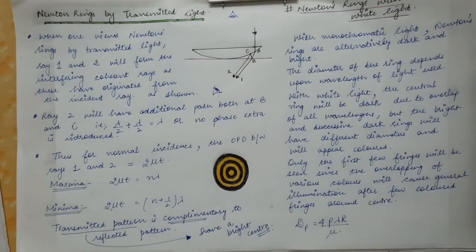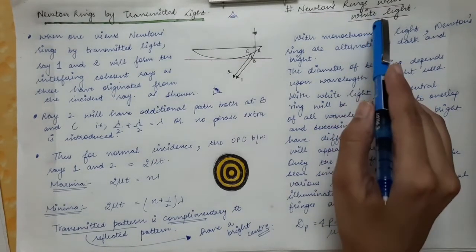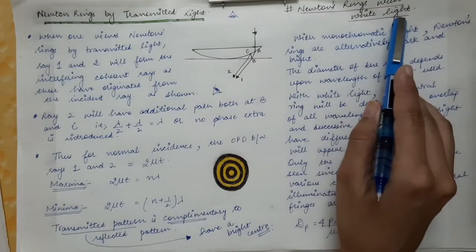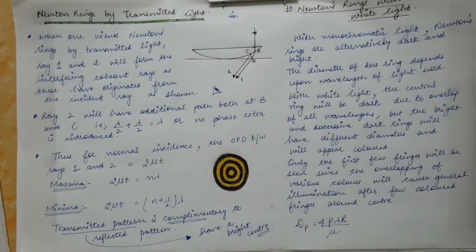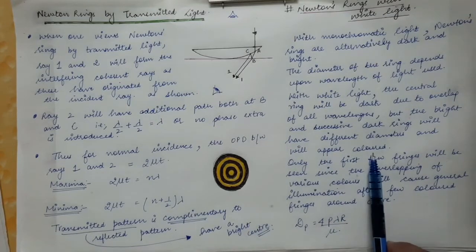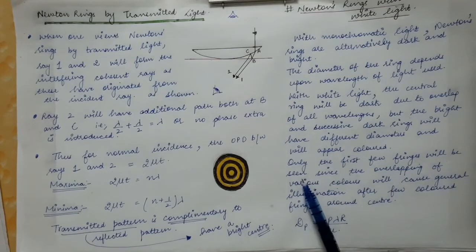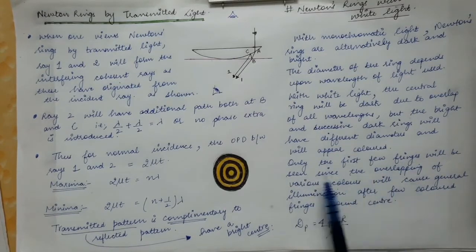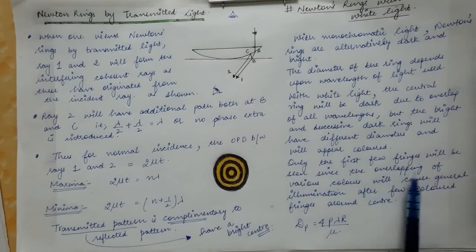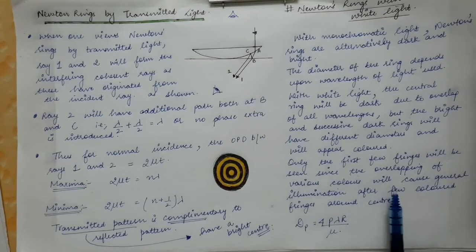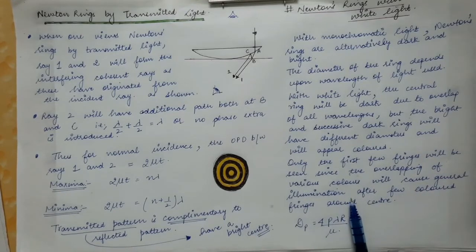The path difference for all the components of the white light is different. Therefore around the central dark fringe we get colored fringes. Only the first few fringes will be seen. Only a few fringes will be colored, since the overlapping of the various colors will cause the general illumination.